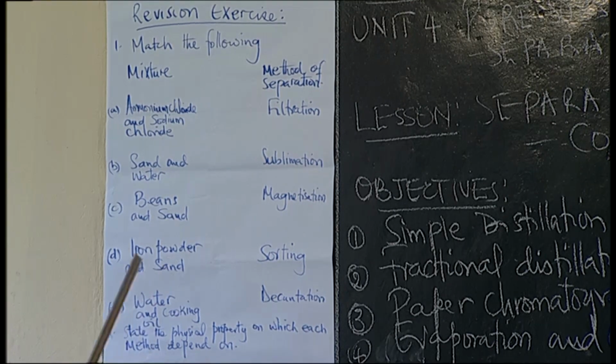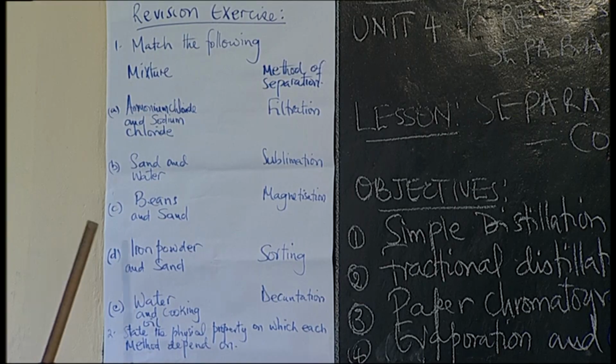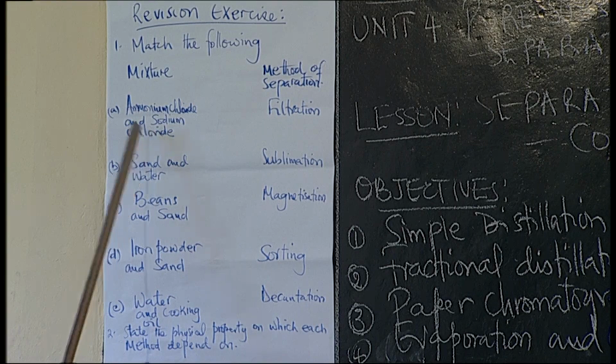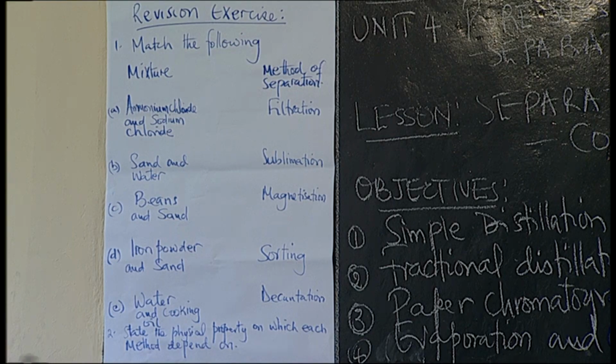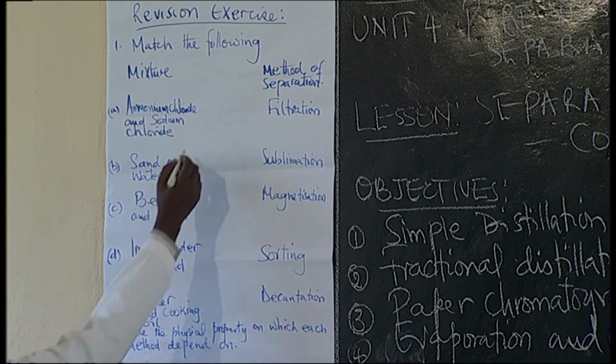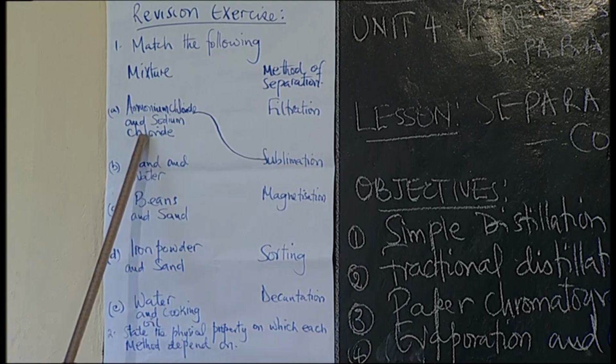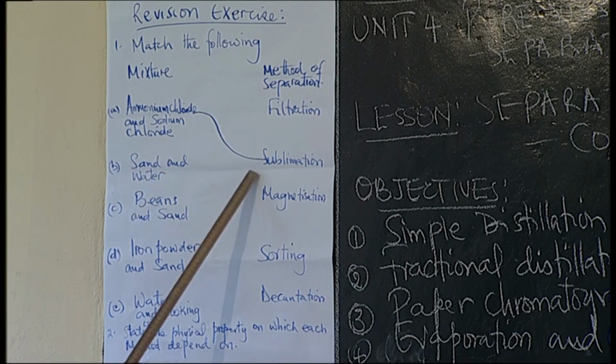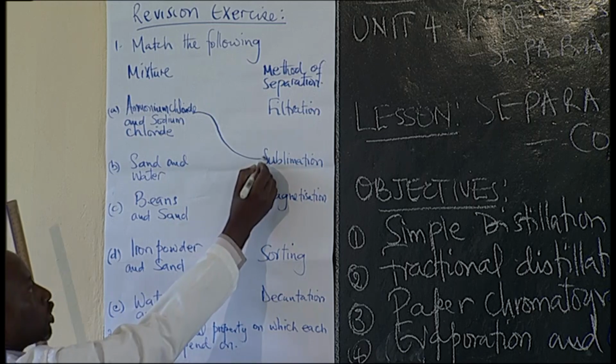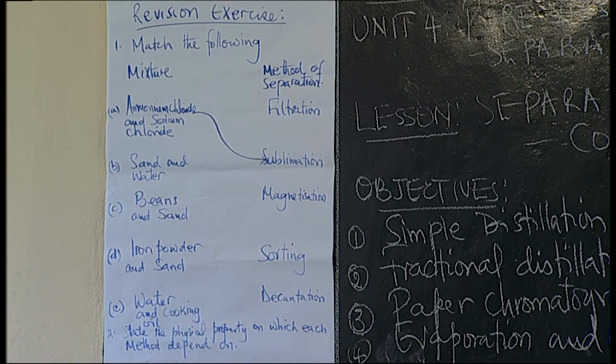Very good. So when you look at ammonium chloride and sodium chloride, these are substances. So ammonium chloride and sodium chloride will be sublimation. Why the sublimation method? Because ammonium chloride sublimes.